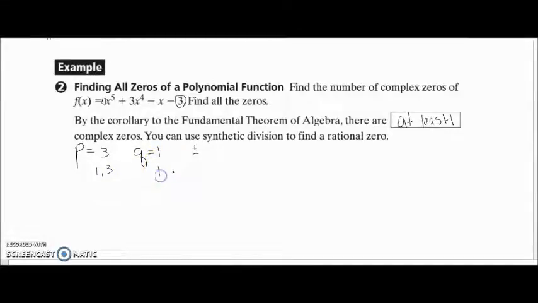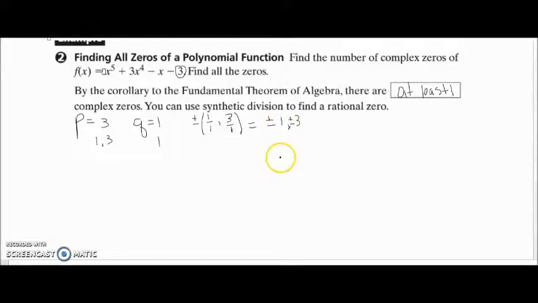And for Q, it's just 1. So P divided by Q is going to be 1 over 1 and 3 over 1. Or plus or minus 1 and 3. Okay? So we need to try synthetic division to see if any of these are rational zeros.